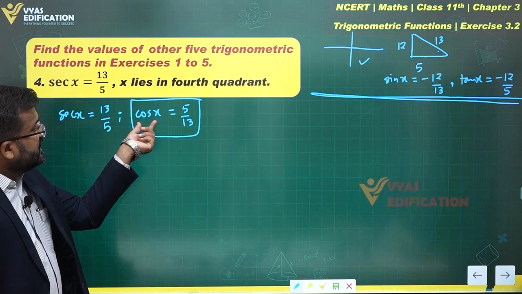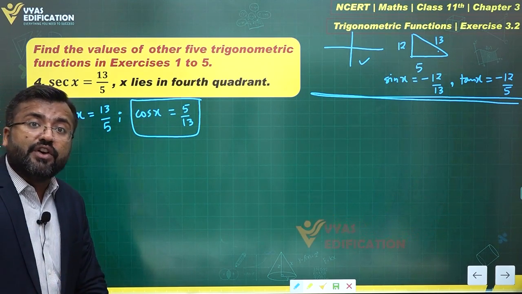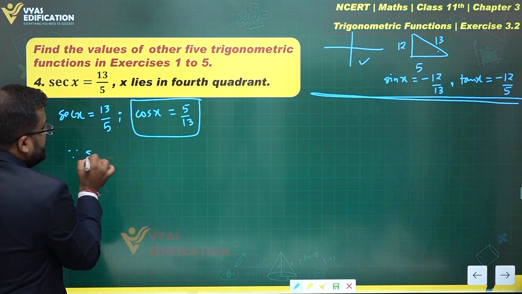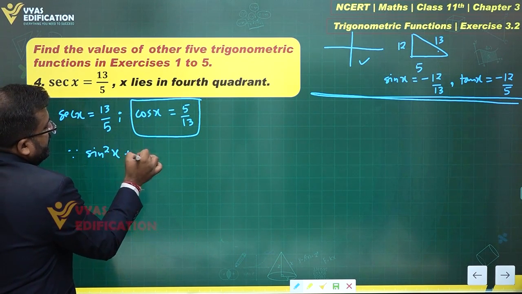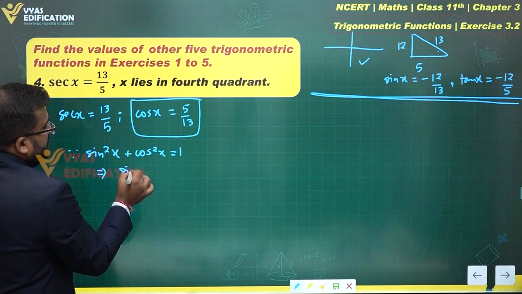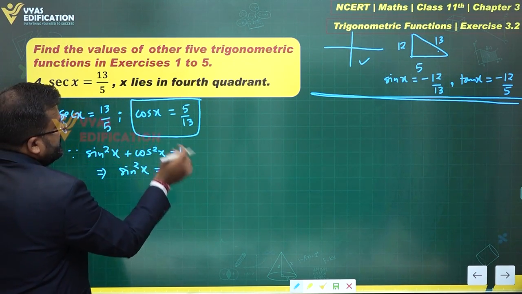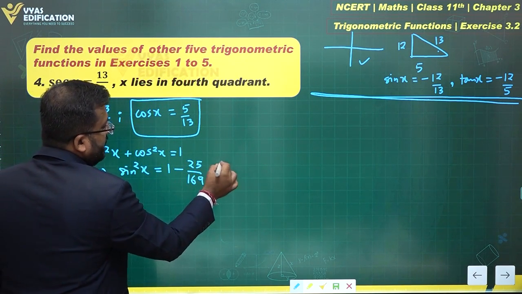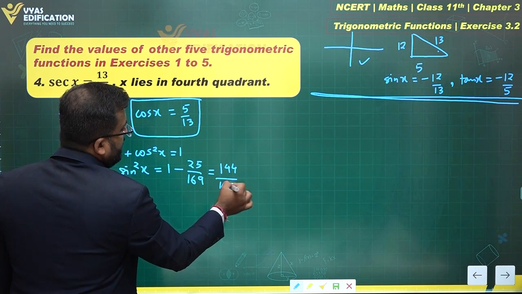What do we use? We use this cos x to get another trigonometric function using a trigonometric identity. A simple identity is sin square x plus cos square x equals 1, which gives sin square x equals 1 minus cos square x, which is 1 minus 25 over 169, that is 144 over 169.